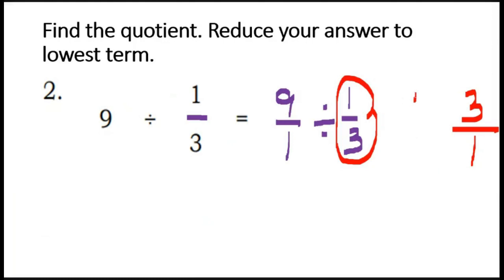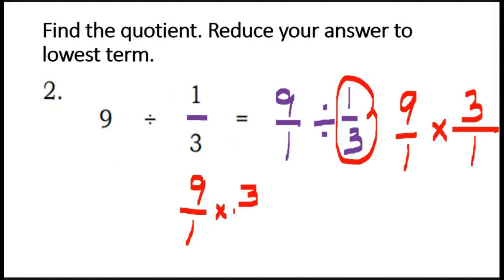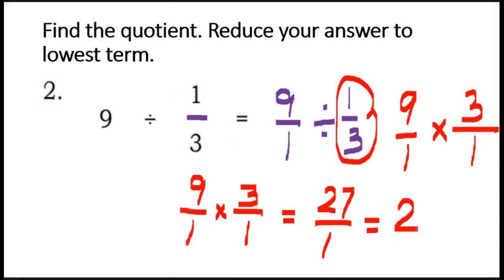And then, write mo yung 9 over 1. And then, the second step is proceed to multiplication. That's it. So, we have now 9 over 1 times 3 over 1. So, 9 times 3 is 27. 1 times 1 is 1. So, 27 divided by 1 is 27. So, that is our answer.